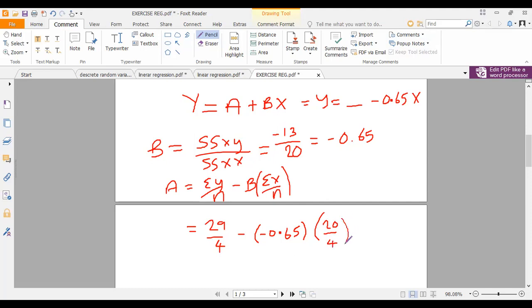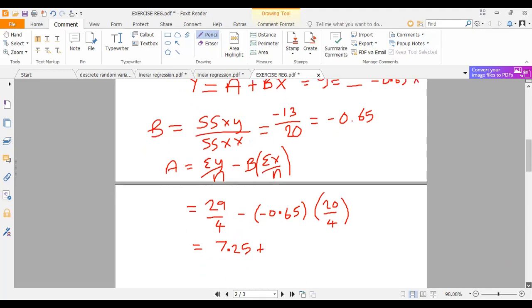So 20 over 4 is 5. 5 times that is negative 3.25.